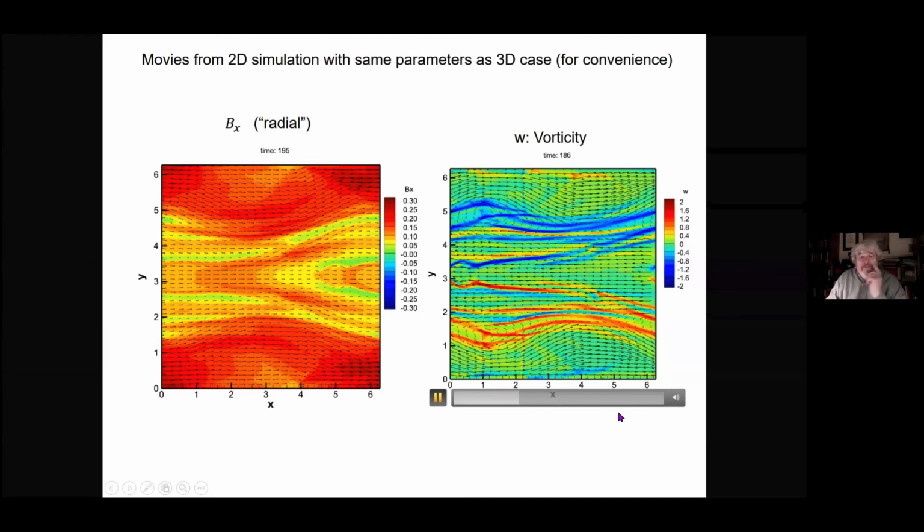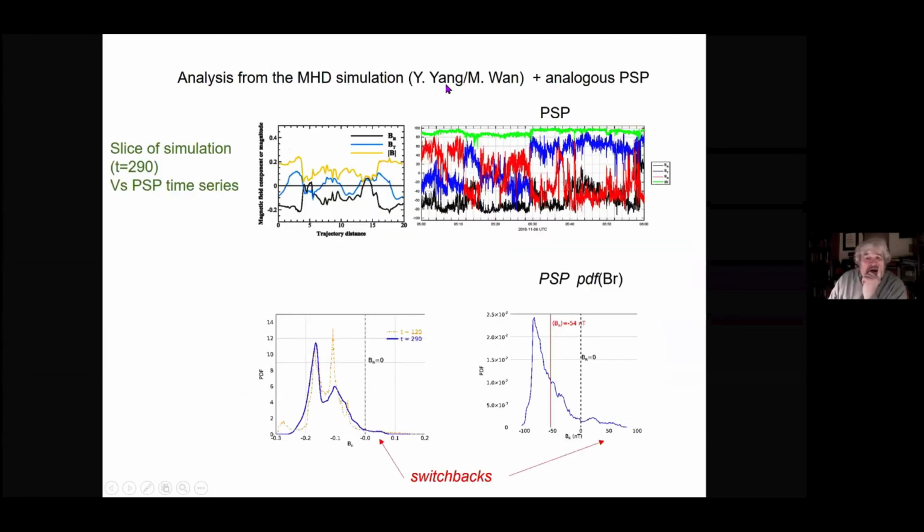So here we go. Again, the Minping Wan and Yan Yang simulations are on the left. We have some cuts through the simulation box, and you see that the black curve, the B radial, is negative, and there's a switchback, and then it goes back to the original polarity, and then it switches back again.